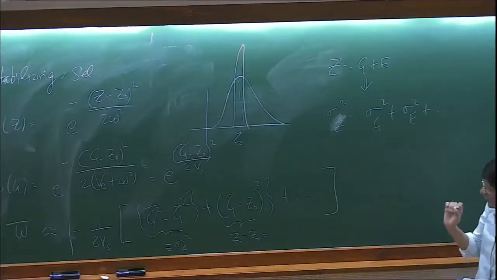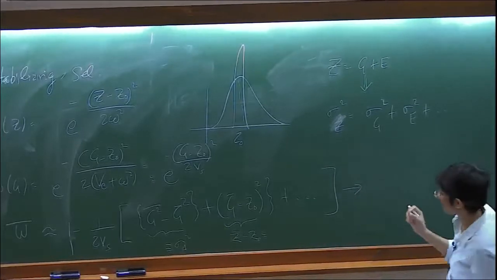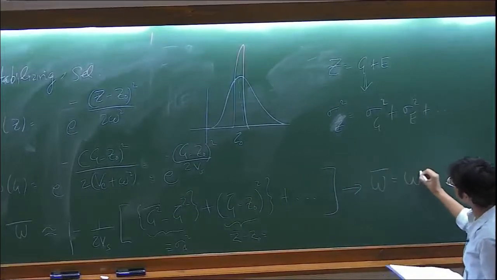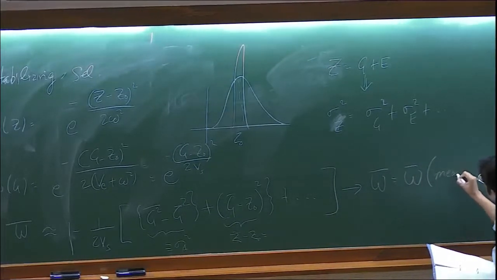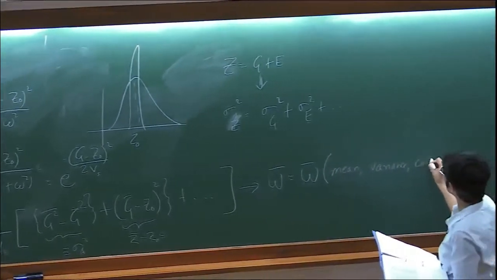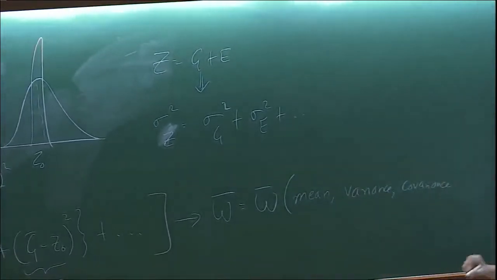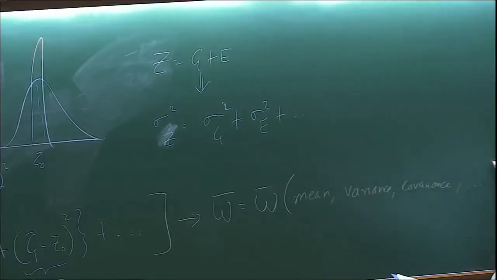So the key point, let me just finish this, is that W bar is useful to think of as a function of mean, variance, covariance, etc. of genotypic values, or, in this case, phenotypic values as well. That's one thing that I want to use in a minute.